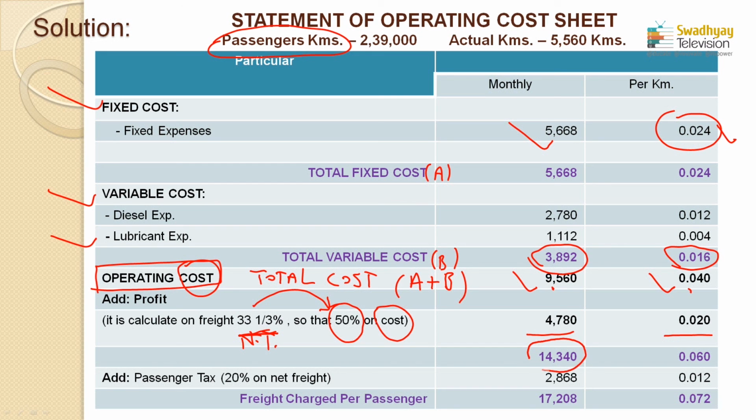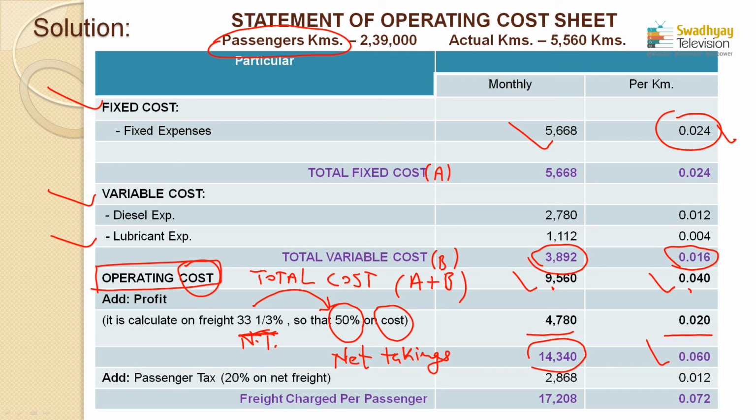This is your net takings, or you can say this is the amount of the sales price, though not precisely sales price because the tax is going to be added here. But this is the net takings, where the tax cannot actually be charged, tax is always charged on your sales price. So here the net takings is 14,340 and the per passenger per kilometer is 0.060.